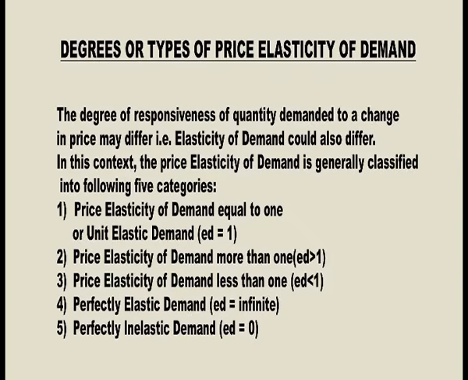So, we have 5 different cases of price elasticity of demand. Elasticity of demand equal to 1, elasticity of demand more than 1, elasticity of demand less than 1, perfectly elastic demand or elasticity of demand is infinite, and perfectly inelastic demand or elasticity of demand equal to 0.